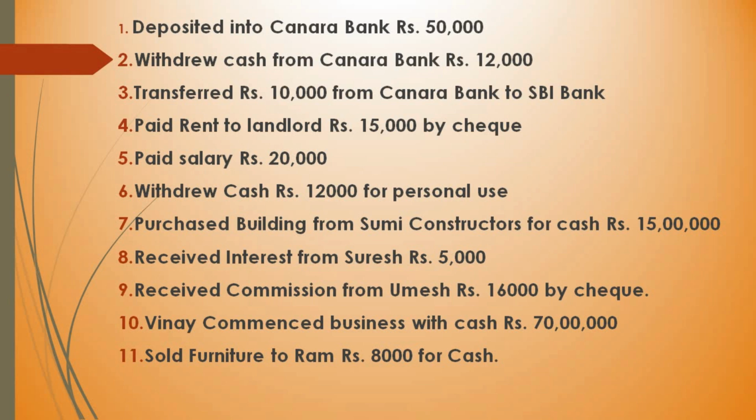The next one. This we have already entered: Vinay commence business with cash rupees 70 lakhs. This is the first entry we have done. And the last one is sold furniture to Ram rupees 8,000 for cash. Here the two types of ledger are furniture and cash.